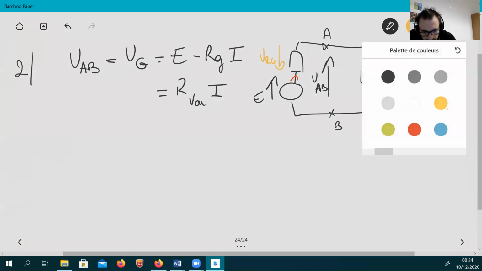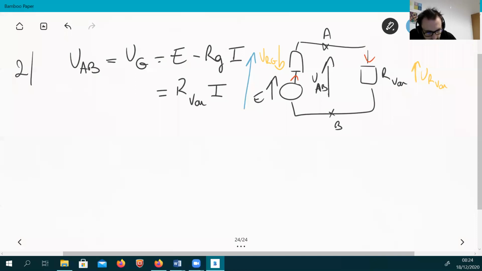And remember that previously we were saying that this UG was equal to this. But UG equals UAB, which equals also U R var, right?